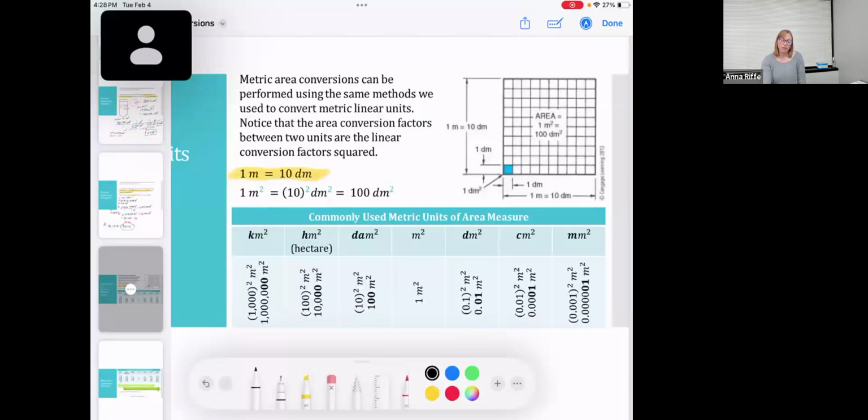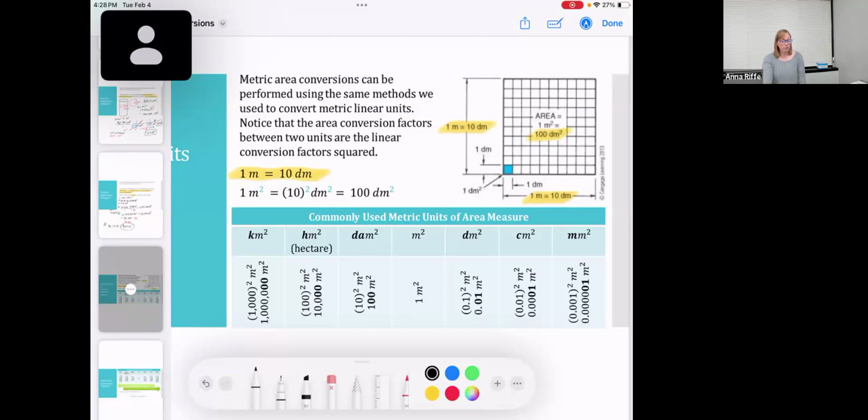However, just like in the customary system, let's say I have a 1 meter by 1 meter square, or 10 decimeter by 10 decimeter square. If I want to find the area of that square, I'm going to multiply 10 decimeters by 10 decimeters, giving me 100 square decimeters.